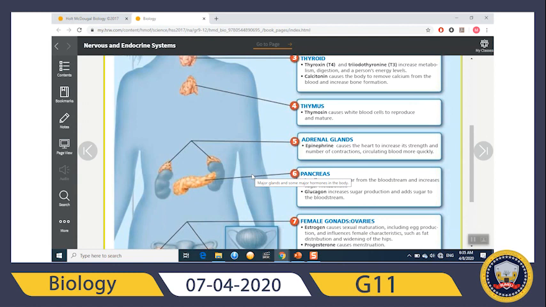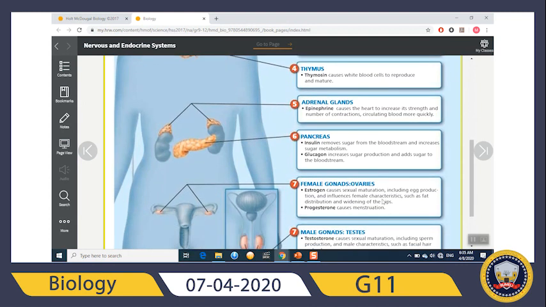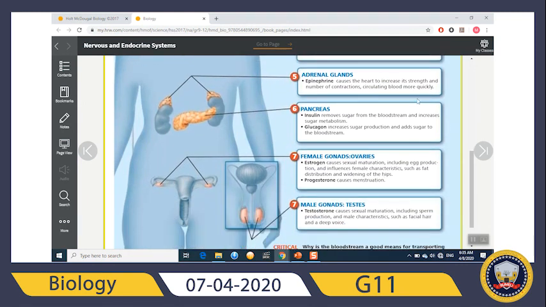They give epinephrine to increase the heart contractions per minute. So instead of 70 beats per minute, let's say it increases to 100 or 110. Why? To increase the blood flow, to make it faster, more quickly.